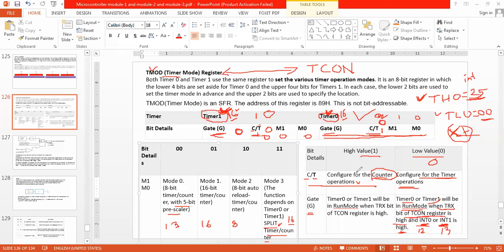And whenever the gate bit is 1, timer 0 and timer 1 will be in run mode whenever the TRX bit of the TCON register is high. That is so simple. So it has to be 1 or 0 depending upon whatever timer operation or counter operation I am using.